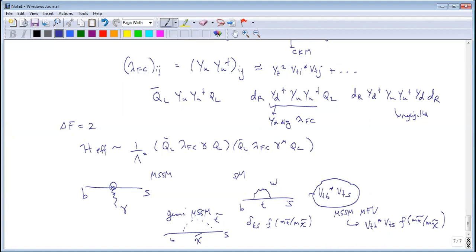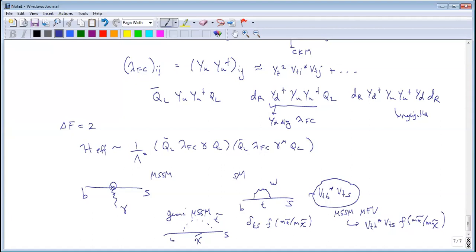What applying minimal flavor violation to the MSSM does is say there are different ways you can implement it. One is to say maybe all the soft supersymmetry breaking terms are flavor diagonal. Then only through the effects of Yukawas and so on could you ever have any flavor violating effects.